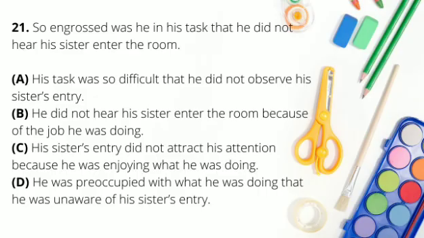Question 21. So engrossed was he in his task that he did not hear his sister enter the room. The equivalent sentence is D. He was preoccupied with what he was doing that he was unaware of his sister's entry.